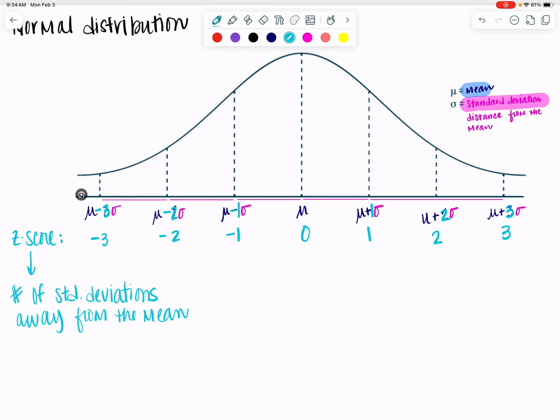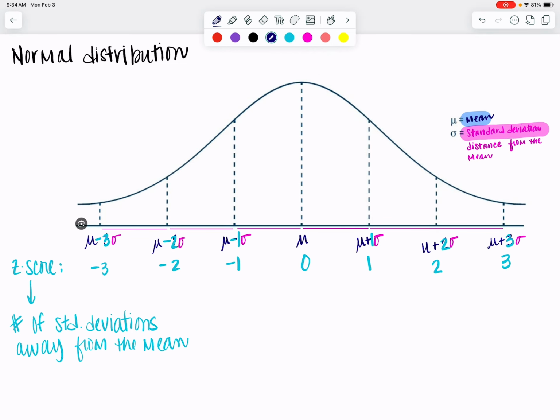If we put this together with the empirical rule, this was 68% of the data between z-scores of -1 and 1.